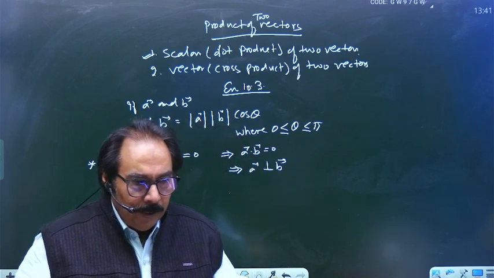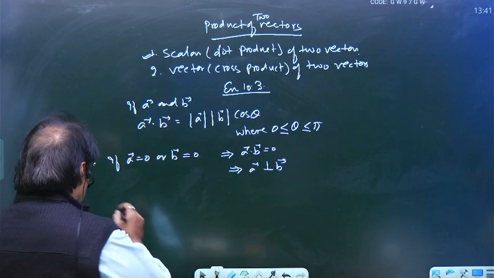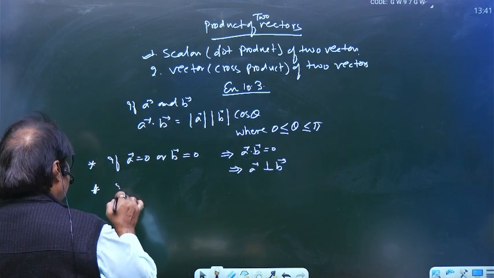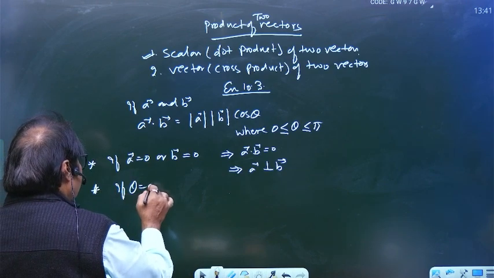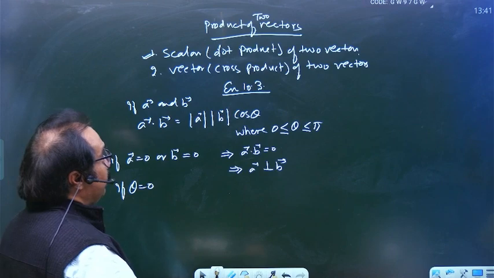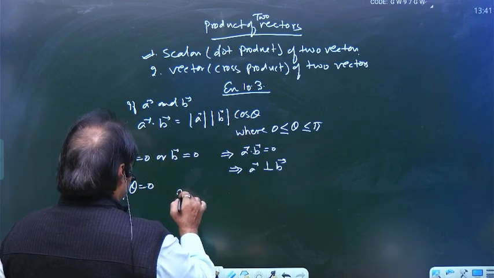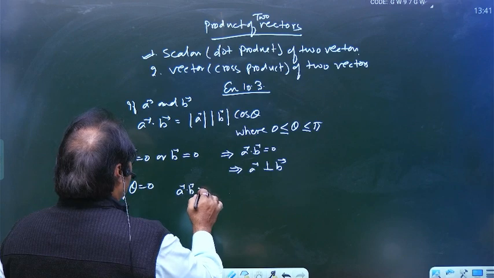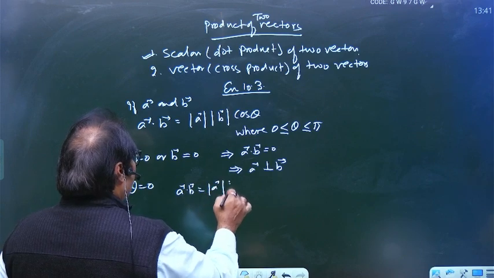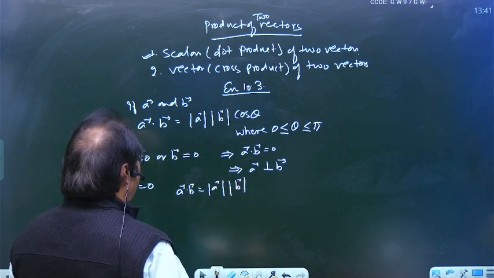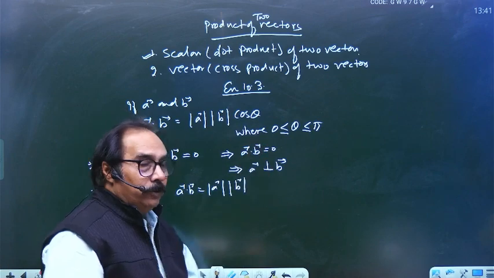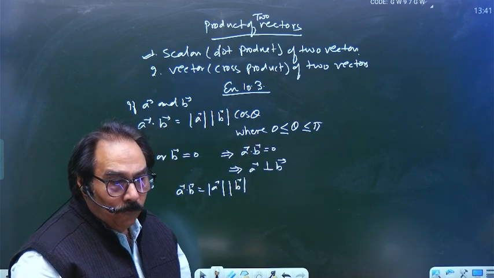Okay, got it? Now another case: if theta is equal to 0, put the value here. So in this case A dot B is equal to magnitude of A into magnitude of B, because cos 0 is equal to 1.